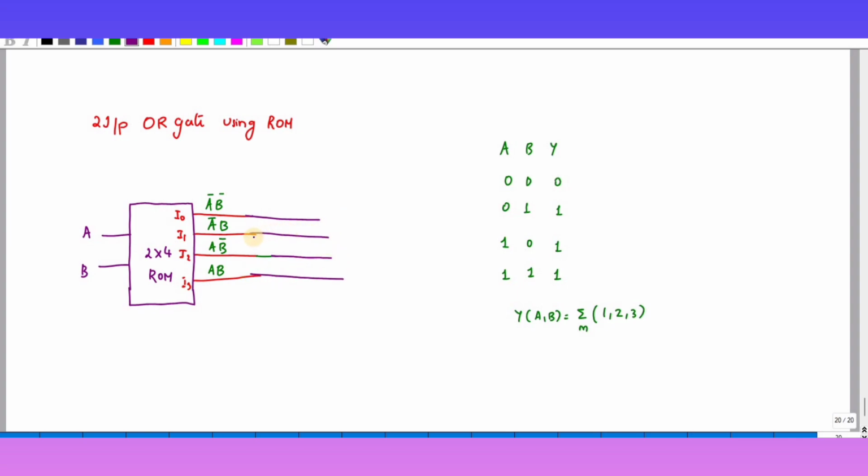Here I must employ a MOSFET. So this is your VDD and this is your MOSFET.